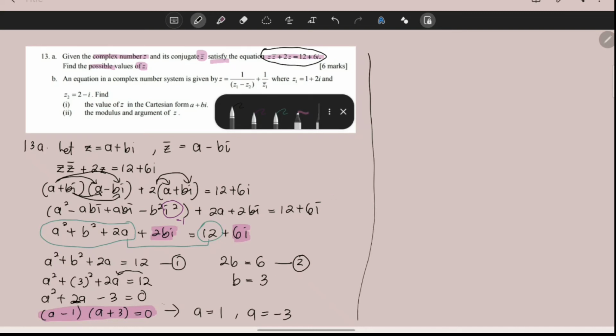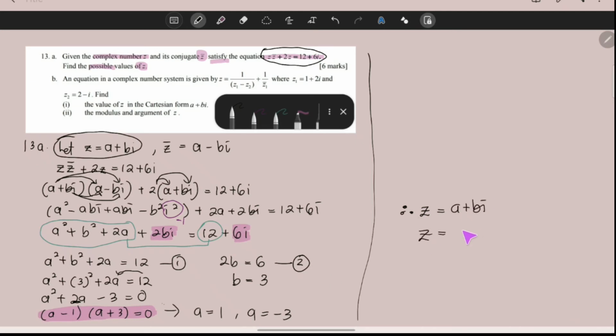Okay, so you got the value of a and you got the value of b, and reread the question. They are asking you to find the possible values of z, and you let z equal to a plus bi. So your final answer: z is a plus bi, isn't it?